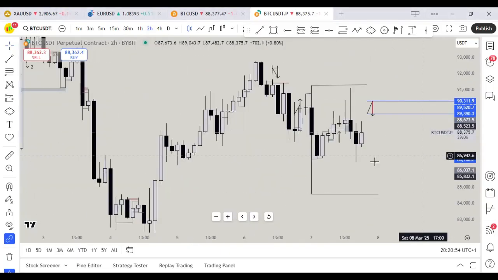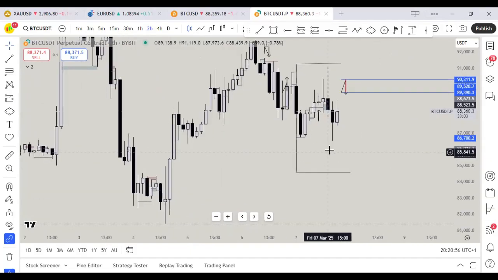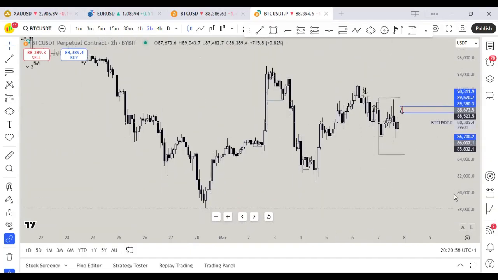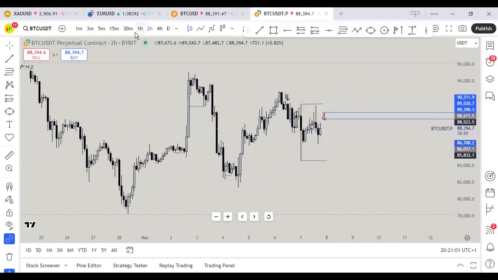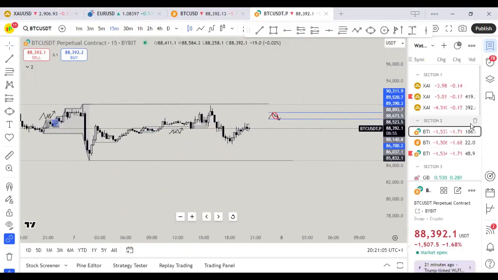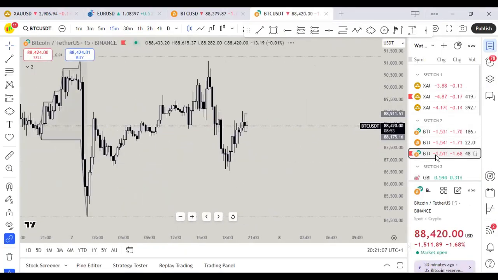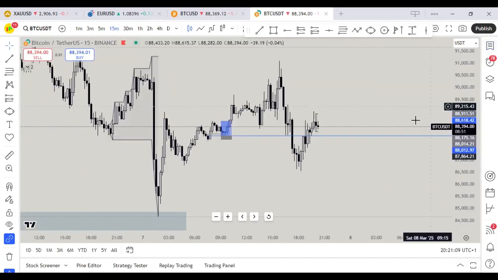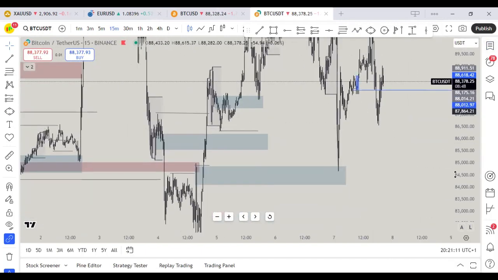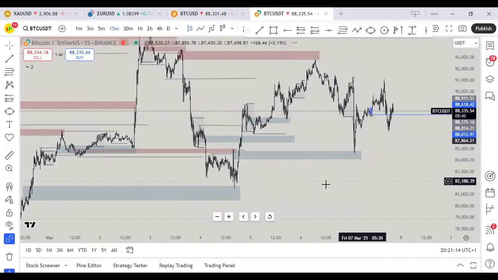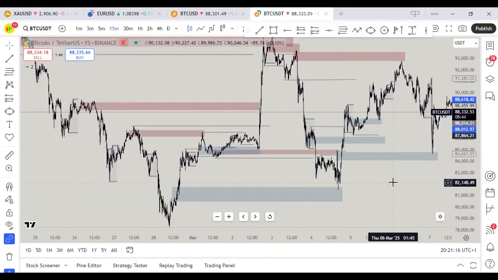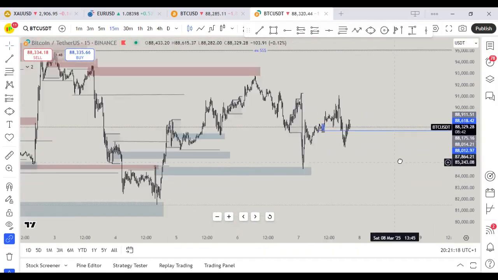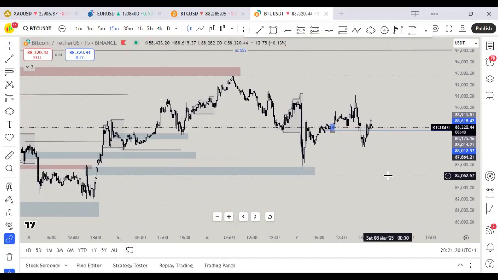As you can see right here now, all these are internal liquidity. First of all, we can see that market is in error. Actually, this is my 15 minutes time frame chart. Now from the higher time frame, what can we see right here? You can see that mostly price has been going bearish.